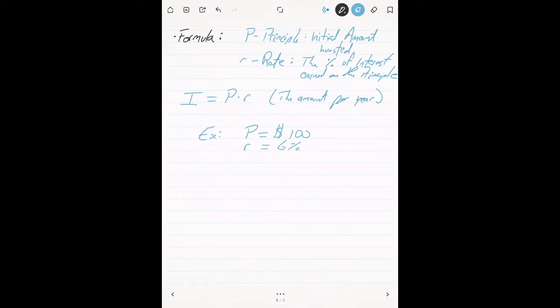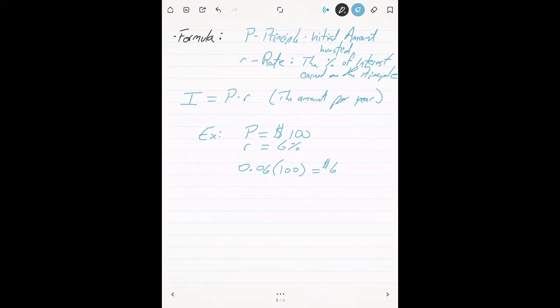So we can multiply these together, and we can figure out that every year we get $6 in interest. But what if I wanted to figure out how much money I would have made in interest over the course of several years, let's say 17, okay?